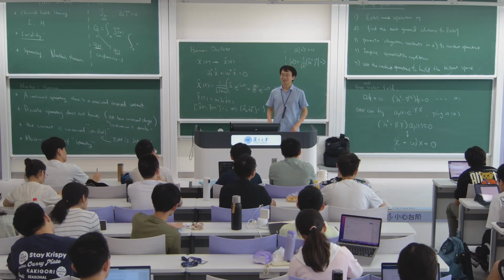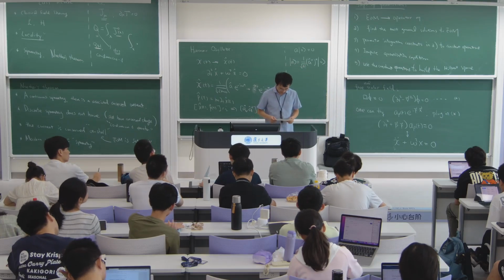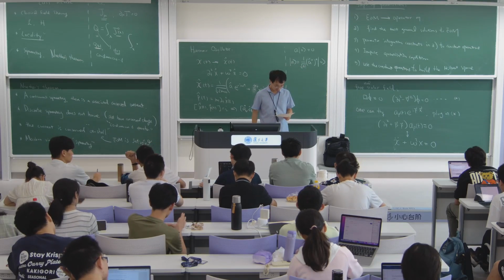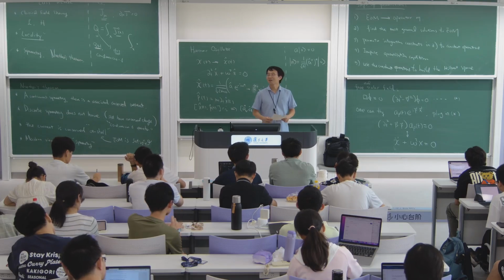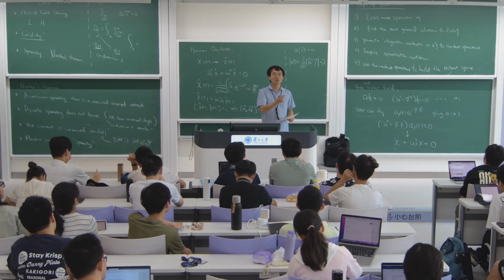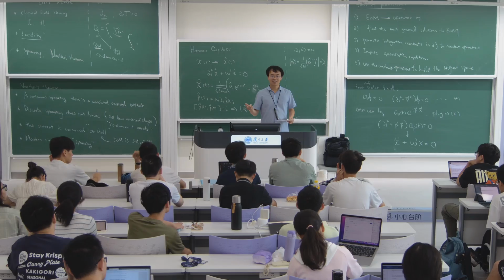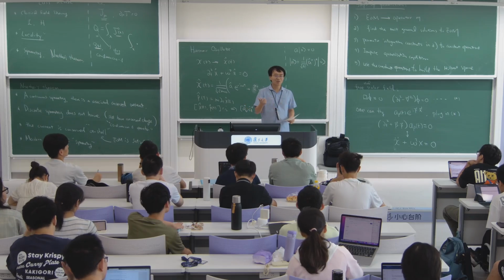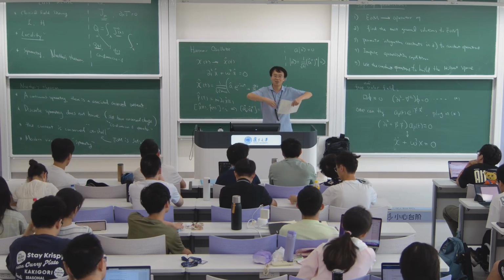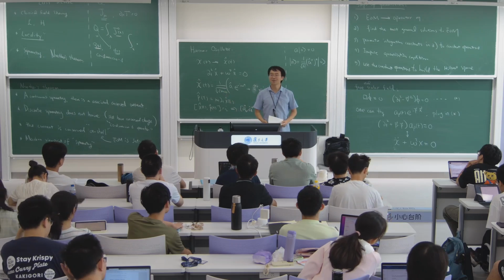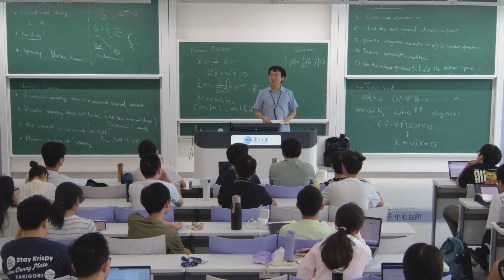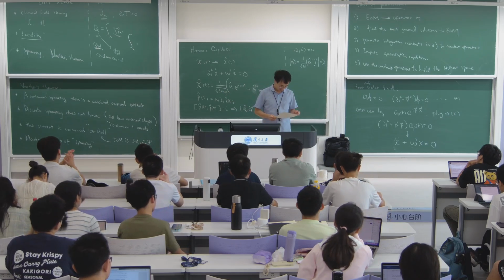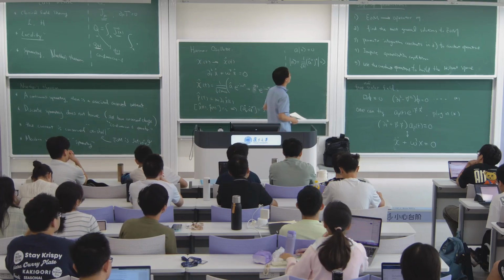And p is a continuous parameter, which means you get infinitely many harmonic oscillators in this p space. So that's the lesson here.